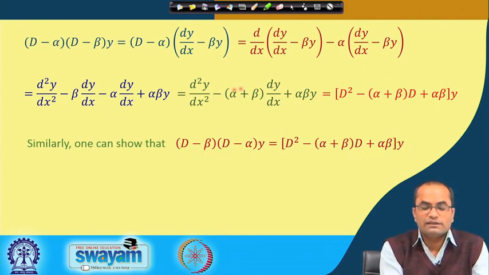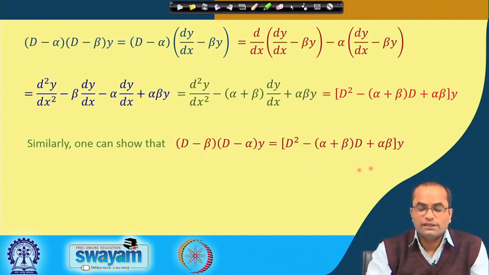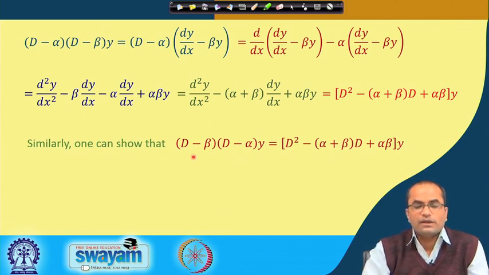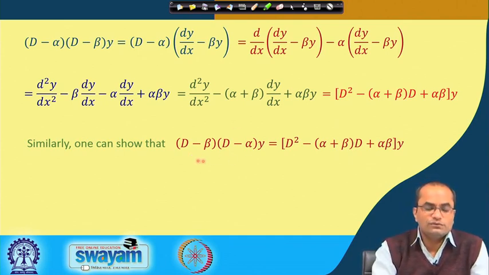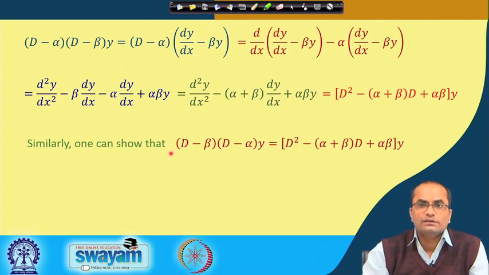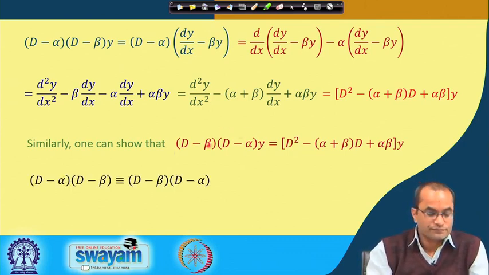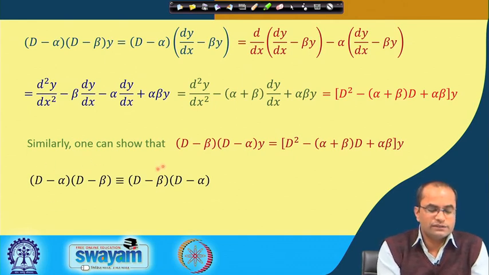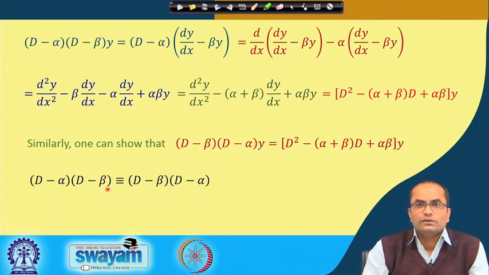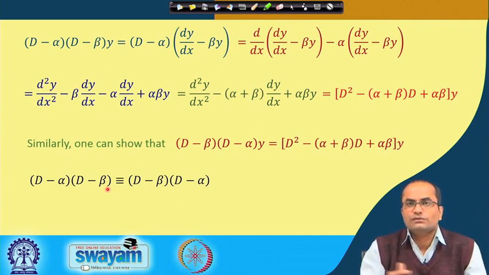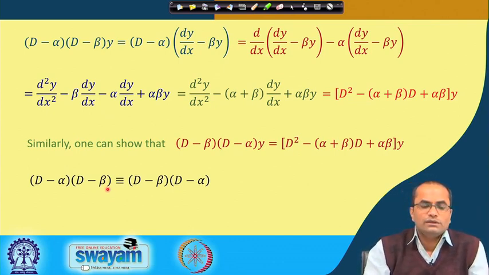So, what we have observed is that it does not matter what sequence you take for the operations with such differential operators. This operator is the same as that operator, so we will not care in which sequence we apply these operators to our y.